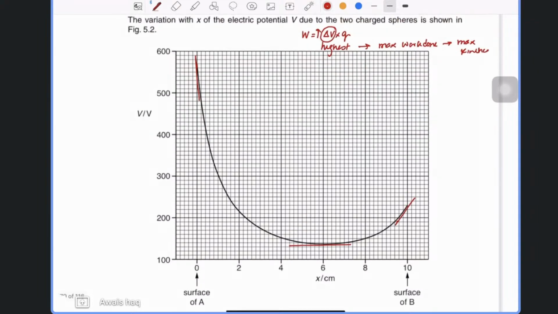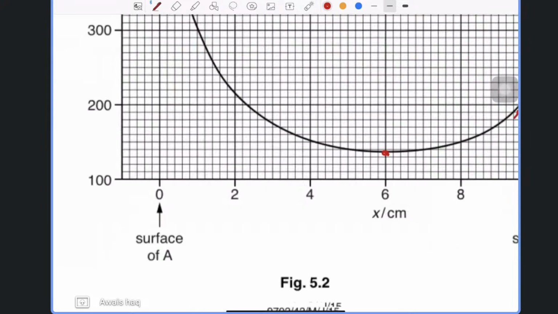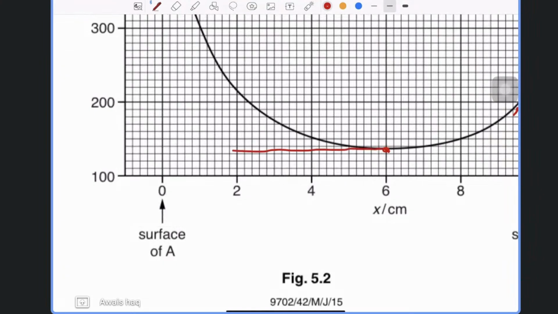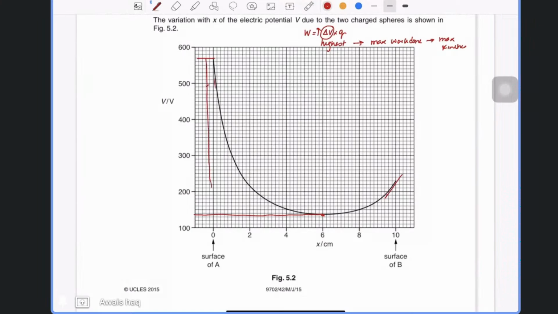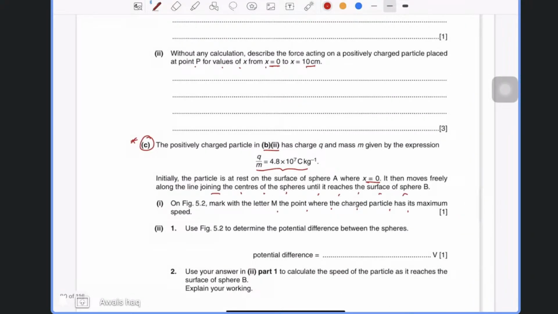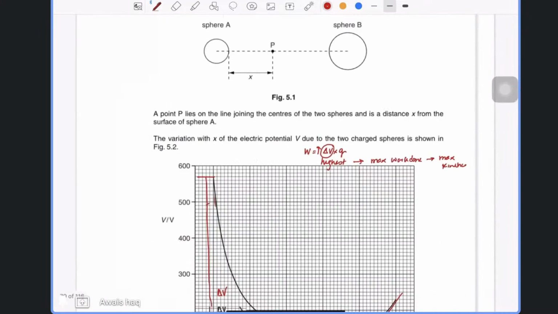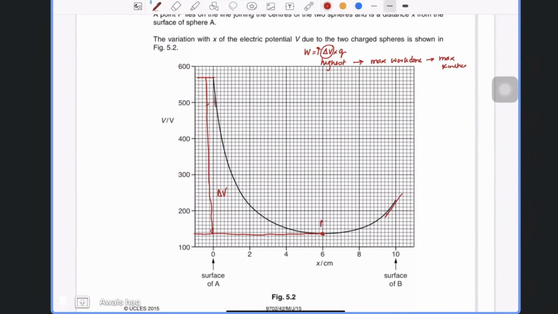It started from this point right here, and the lowest point on this graph is this line, somewhere here. So this is the biggest change in potential that you are going to see. So this is point P. Mark M. Okay, so this is the point M where it will have maximum energy because that's the most work done on it. Is it clear?